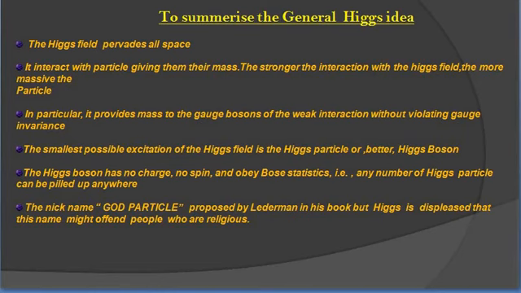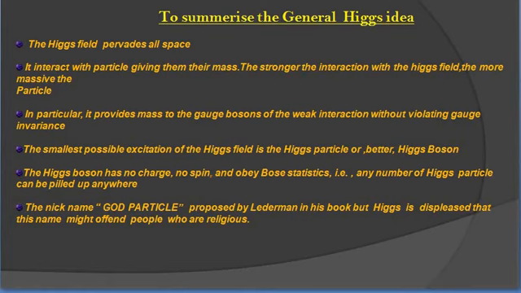In field theory language, I can say that particles are actually produced out of a field. When the field is excited, particles are produced out of that. So the Higgs boson can be produced by a small excitation of the Higgs field.